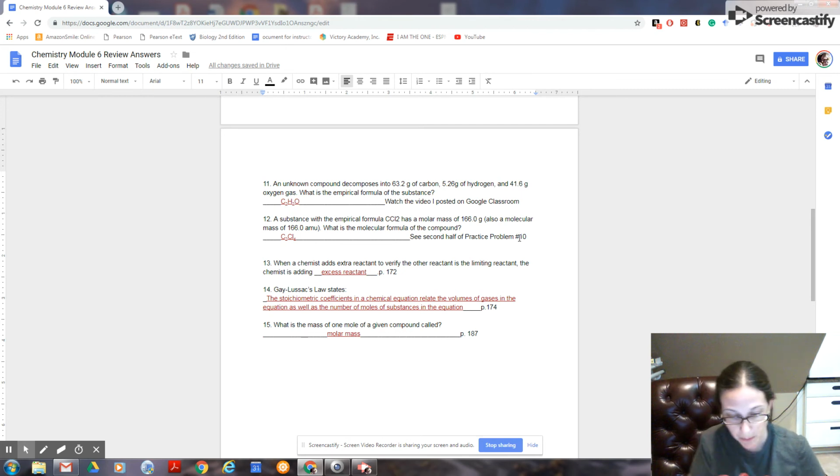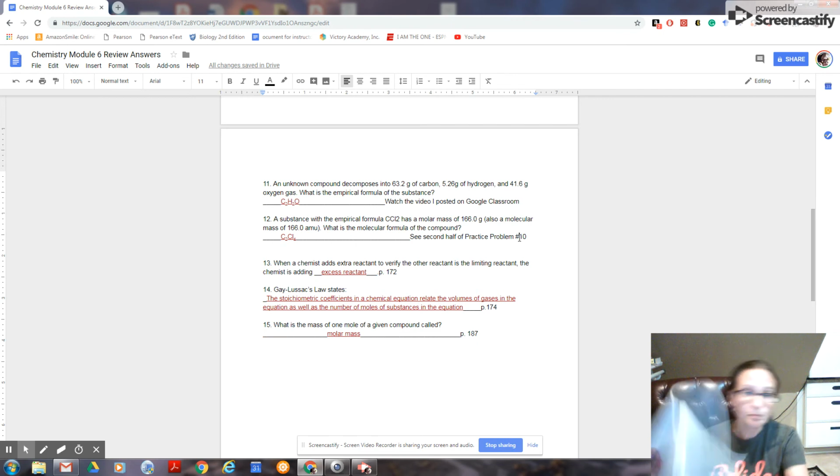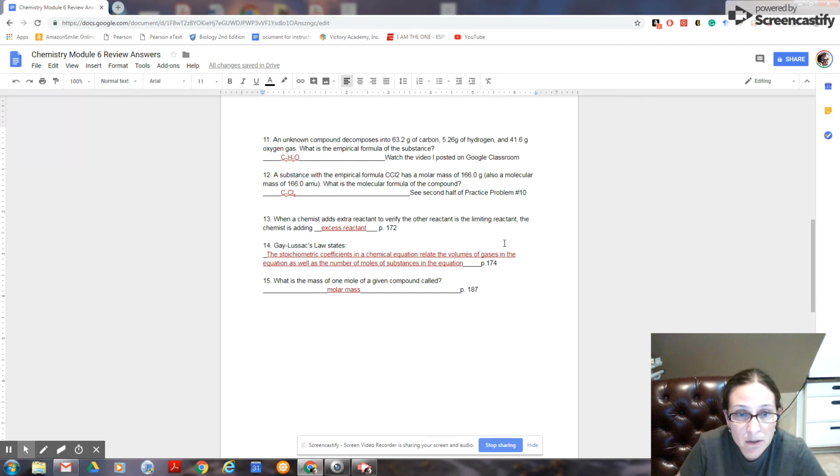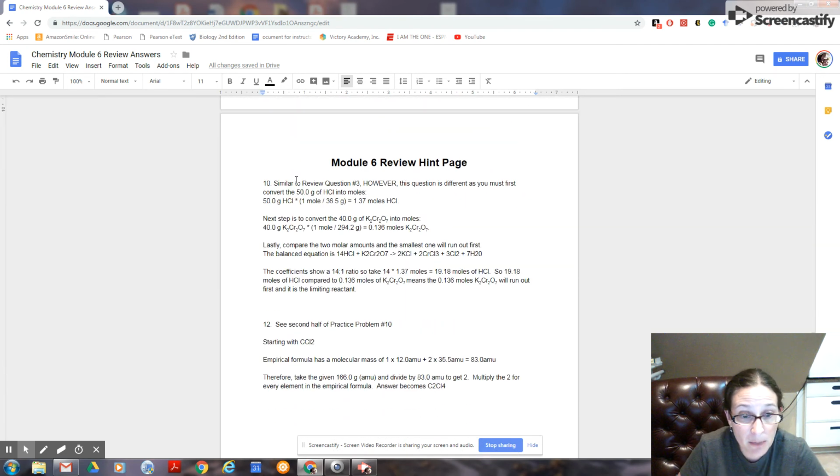Practice problem number 10 is on page 43 in the manual, and it shows you how if you add up the mass, you will end up with a certain amount of AMU, and I believe I did it here.